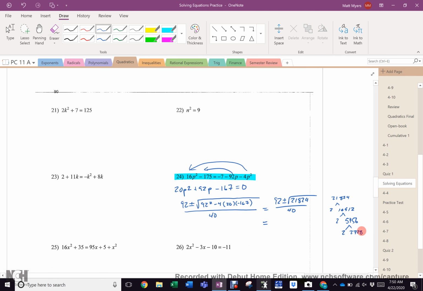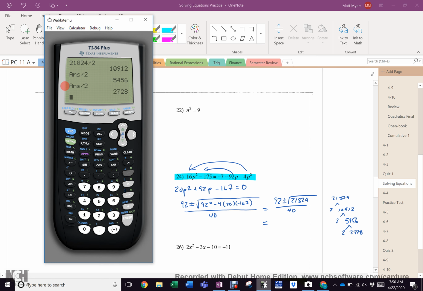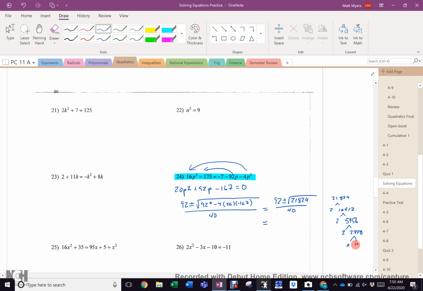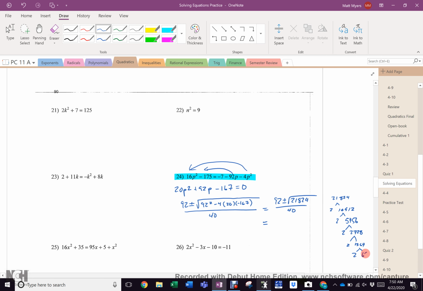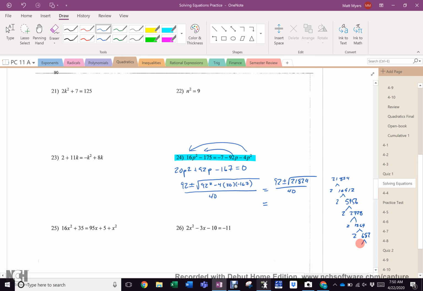I'm just going to keep going. 1364. There's another 2. Then another 2. 682. Then 341. Oops, sorry. 2 and 341.